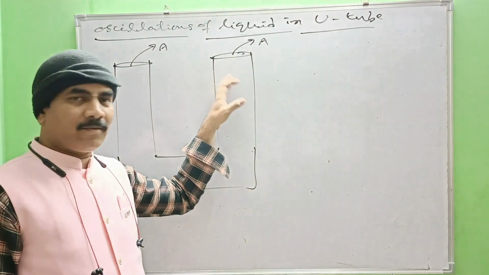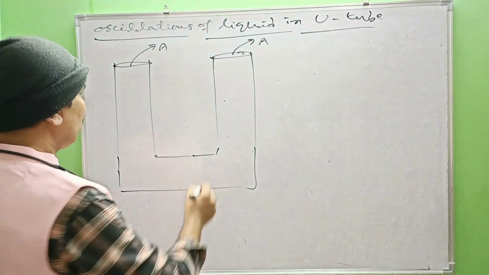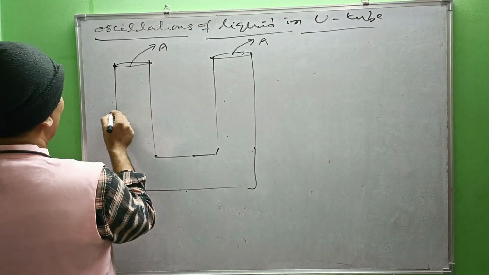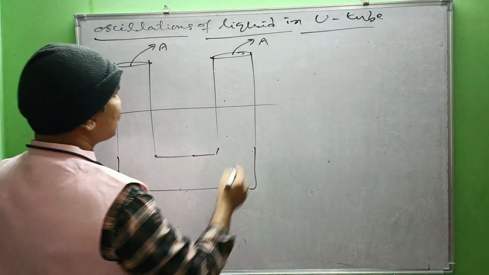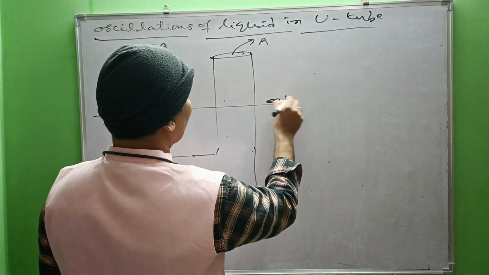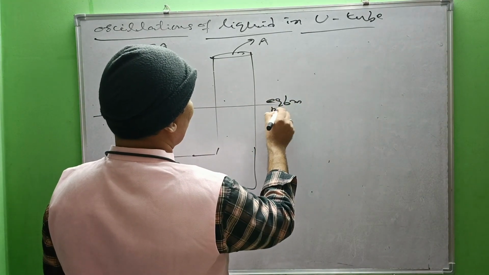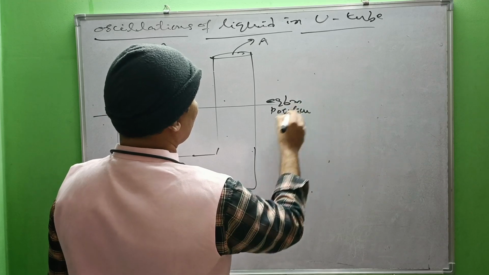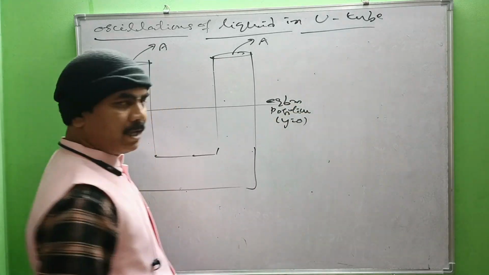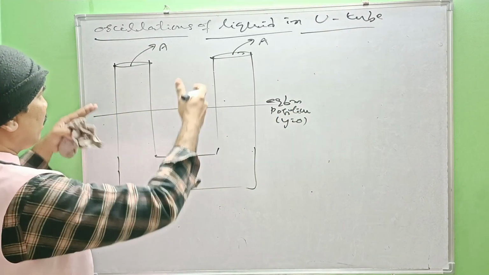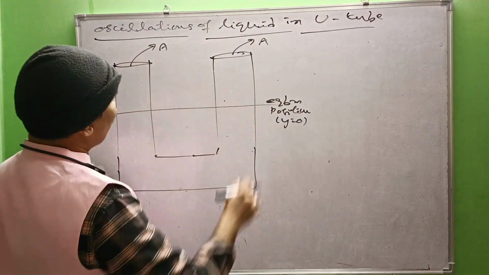This is the right vertical limb. Now this is filled up to this level. So this is the equilibrium level. Equilibrium position, right? That is y equal to 0, the equilibrium position of the liquid. So it is filled with liquid up to this level, right?